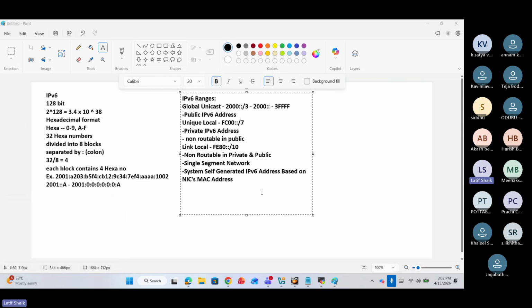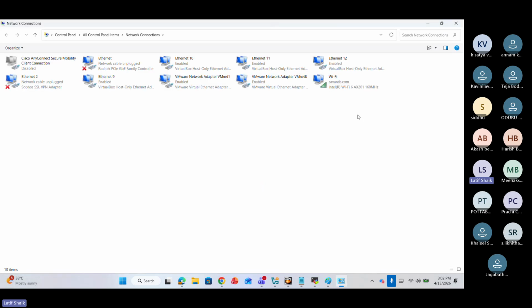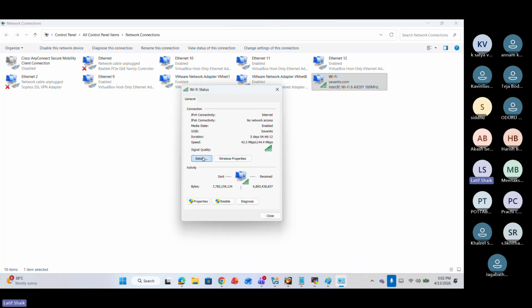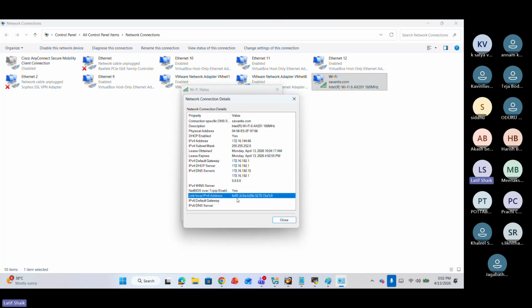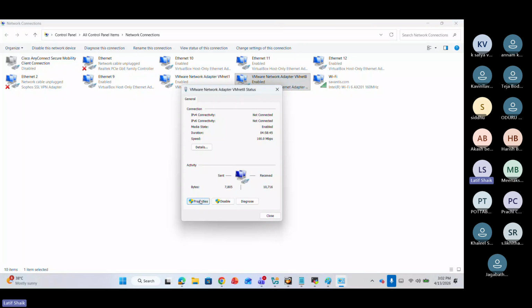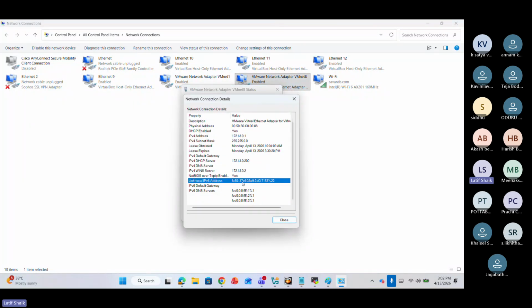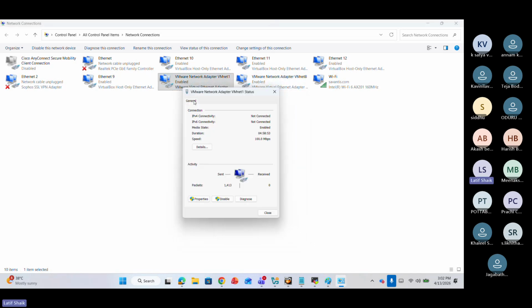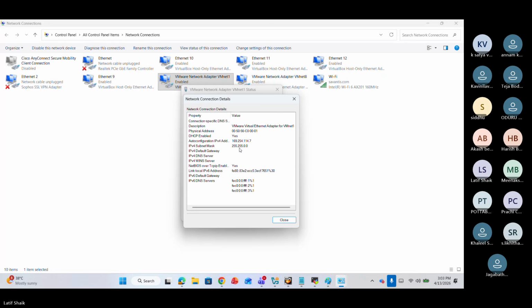So I go to ncpa.cpl. You see, I have multiple adapters. I go to my Wi-Fi adapter details. See, there is a link local IPv6 address. This is automatically generated. I didn't assign it. All the remaining ones we have to assign. Adapter IP addresses are either system generated, manually assigned, or assigned by a DHCP server.